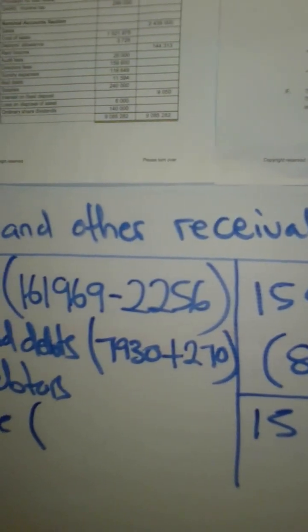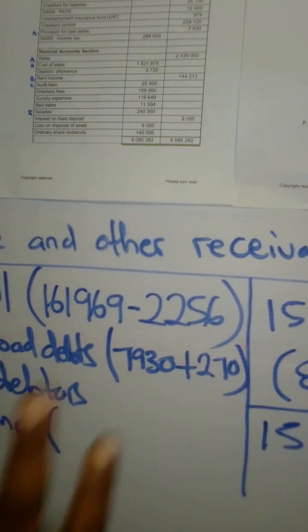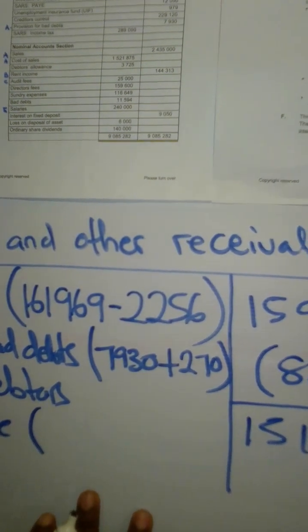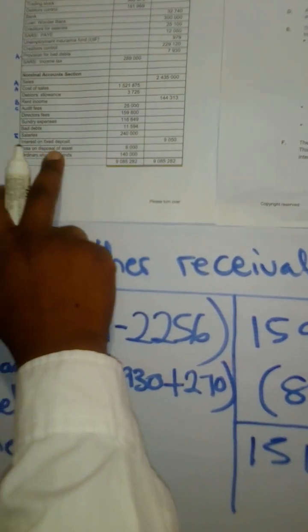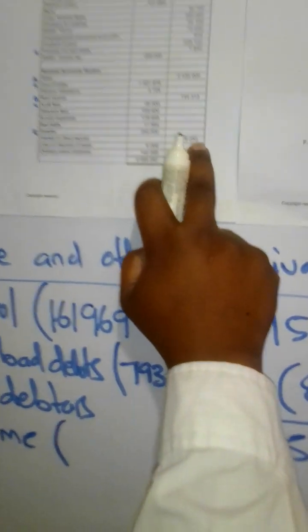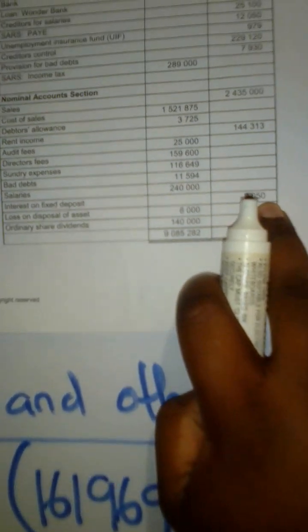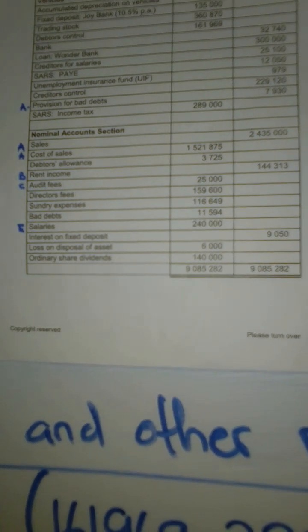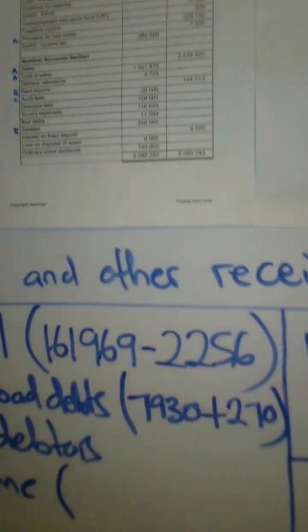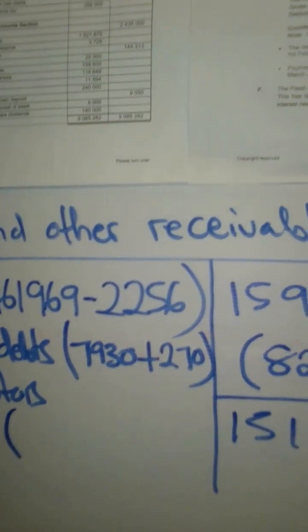First of all, let's find out exactly how we actually found that accrued amount. Remember, we were given interest on fixed deposit 9,050. This was not all the amount that was supposed to be received. There was another amount that we calculated to get the accrued income. So the accrued income was 3,375.